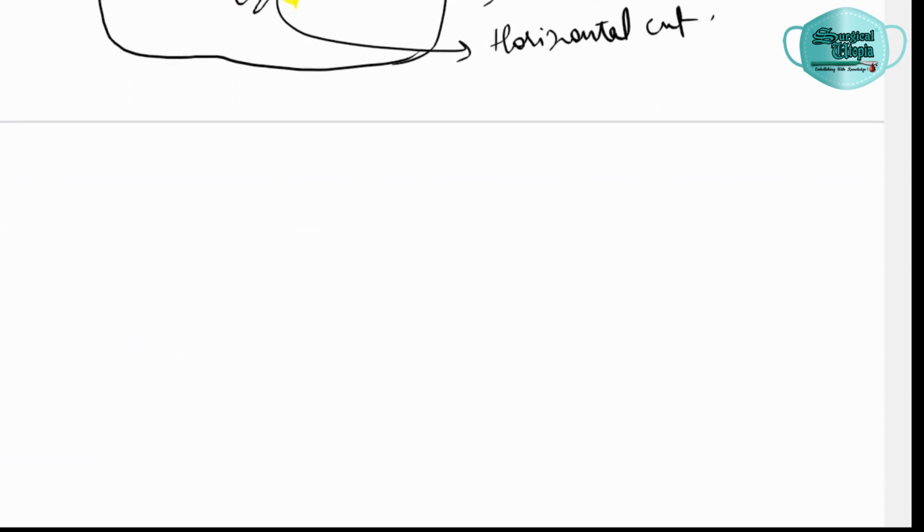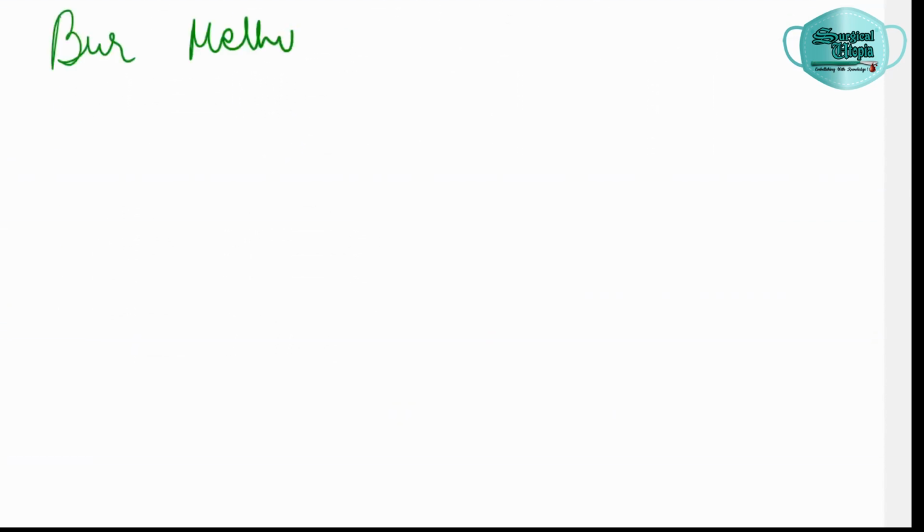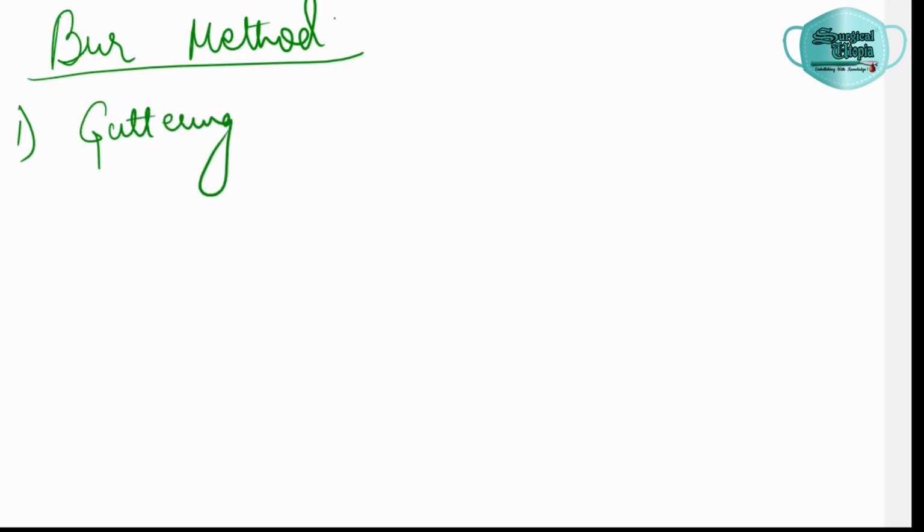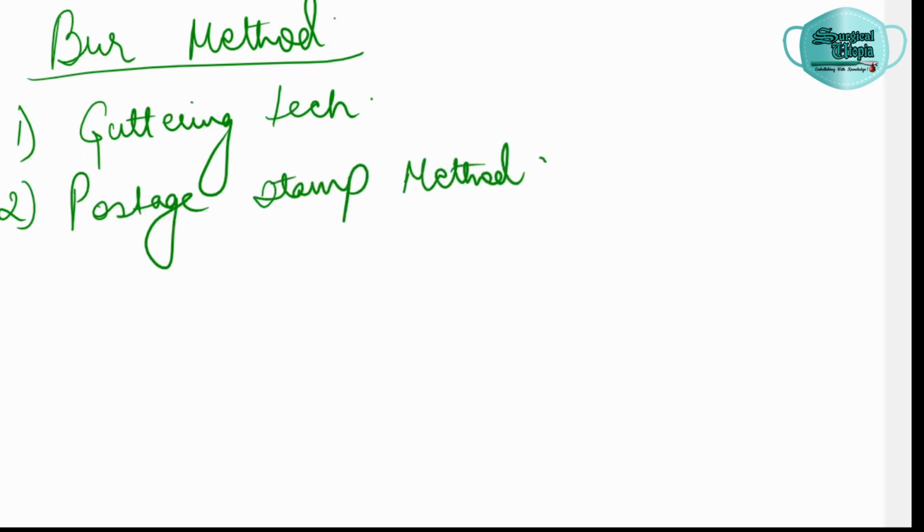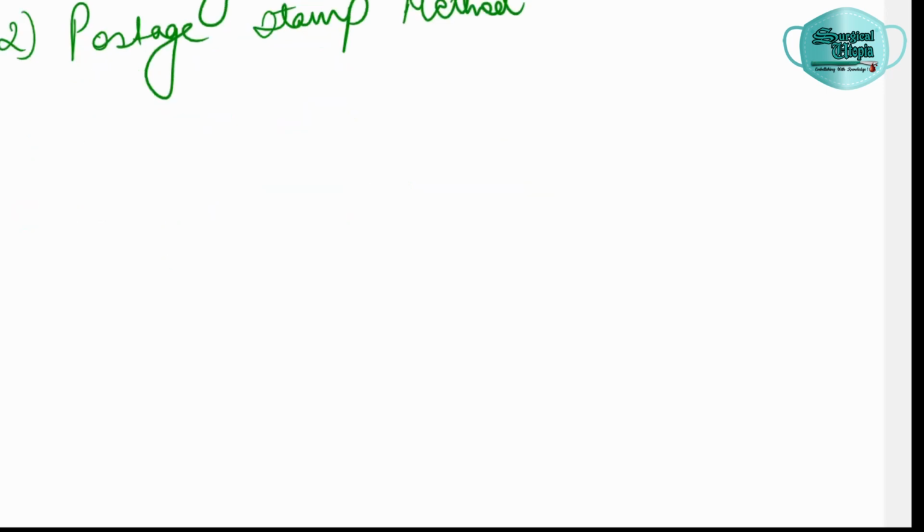Now coming to the burr method, there are two approaches for using the burr method. First one is the guttering technique, and the second one is the postage stamp method. So first, the guttering technique. For this also we will make a diagram first.